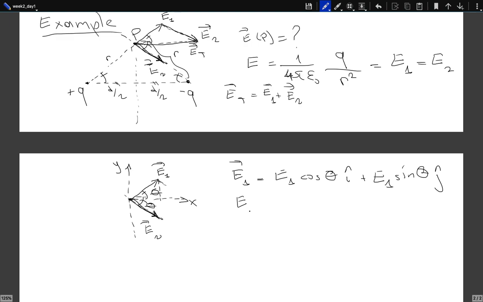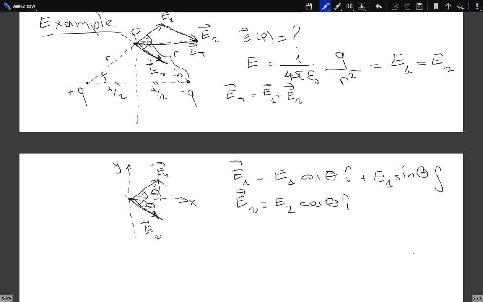Now, if we write E2, this triangle over here and this triangle over here are in fact identical. The only difference being it's just the mirror image of each other. So the lengths are basically the same. The horizontal length will be just E2 times cosine theta in the i direction.